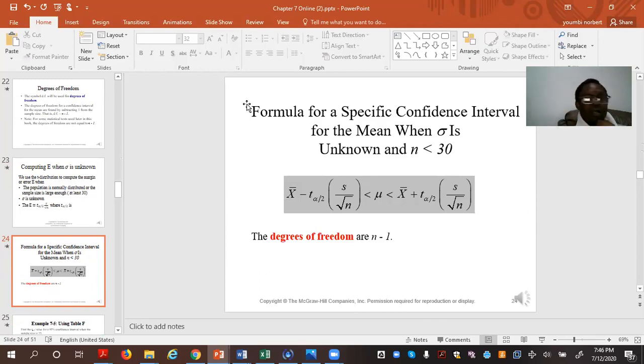For that formula, you need S. Can you tell me what S is? The standard deviation of the sample, if you look at number 5. S is the sample standard deviation. It is 2.6. Do you know what X bar is?